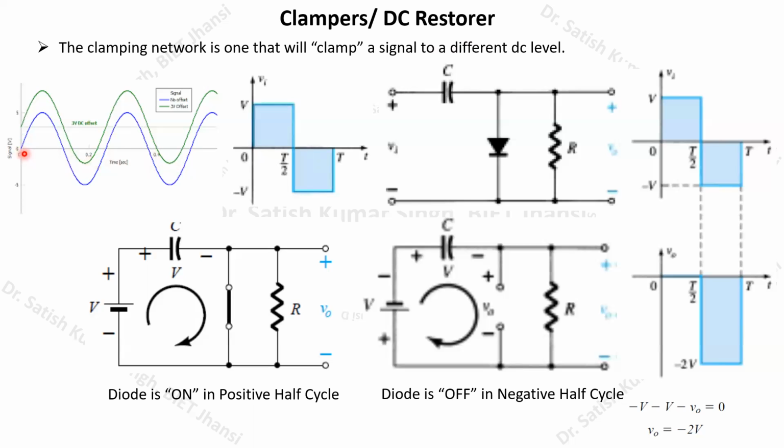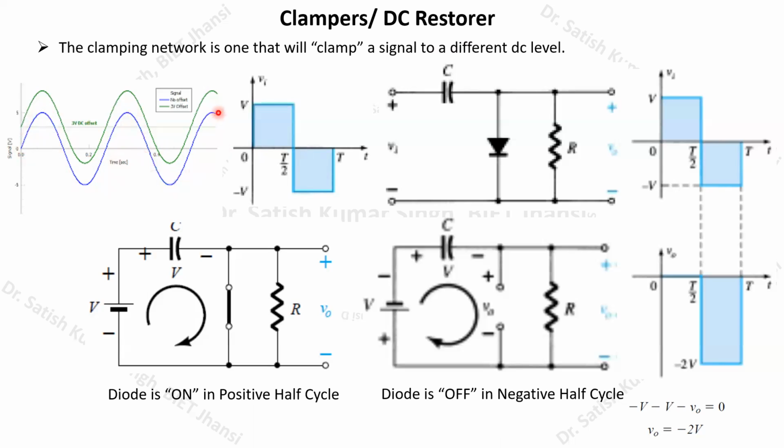This is our ground level, or 0 volt level, where the magnitude of the sinusoidal wave will be 0. This sinusoidal wave is arranged symmetrically about this 0 volt axis.